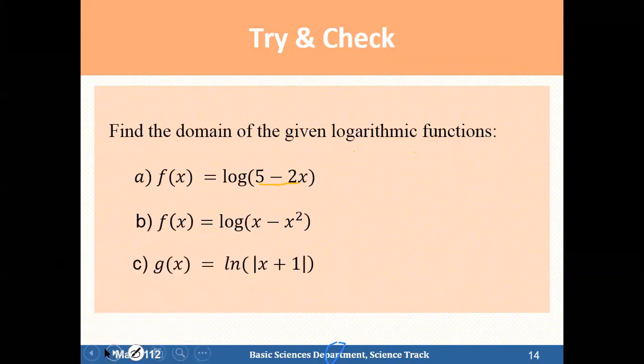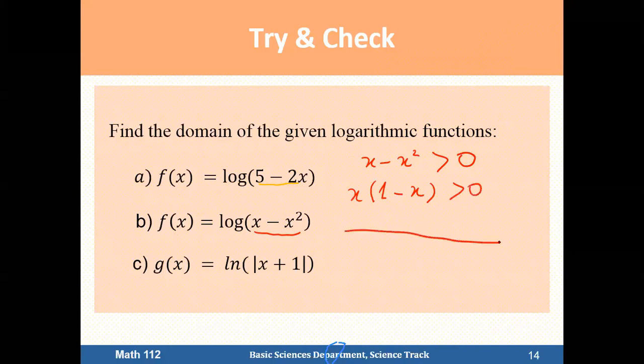إذا question B لازم the argument x minus x square positive. إذا هذه أما تحلها بالديسكريمينانت يا أما تعمل factoring. x times 1 minus x is positive. You draw the real line.